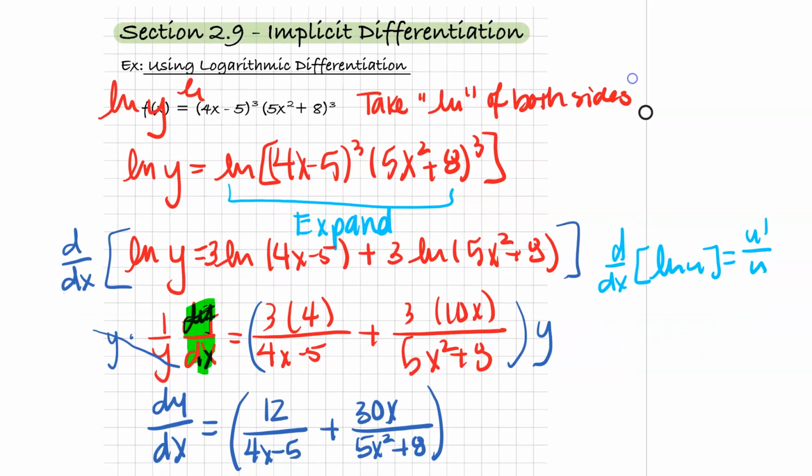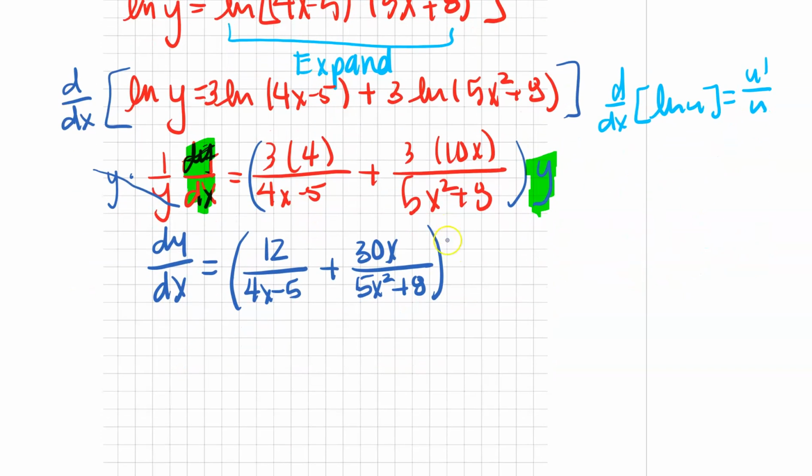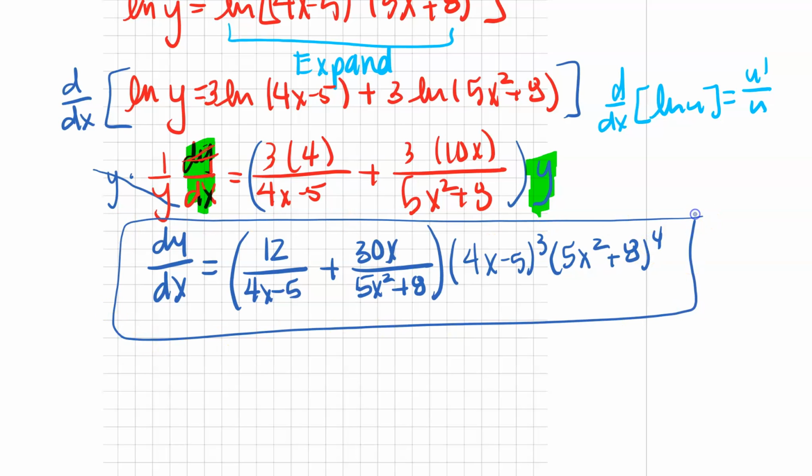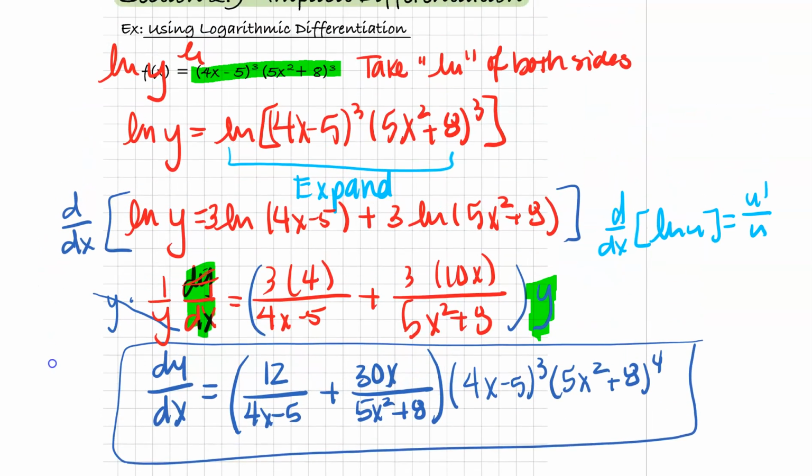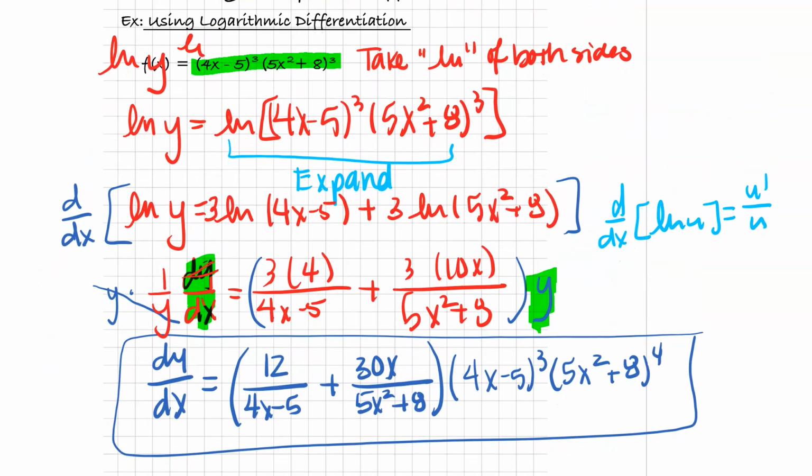Scroll up, isn't y equal to all this that we started with? And so instead of y, I could just say 4x minus 5 cubed, 5x squared plus 8 to the 4th. And that went way smoother than what we would have done if we had done product and chain. So algebra, algebra, algebra, details. Let me know if you need assistance with 2.9.